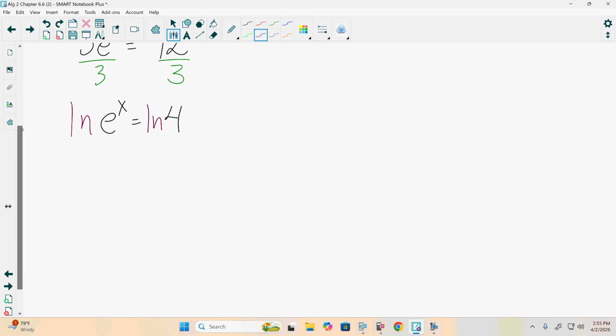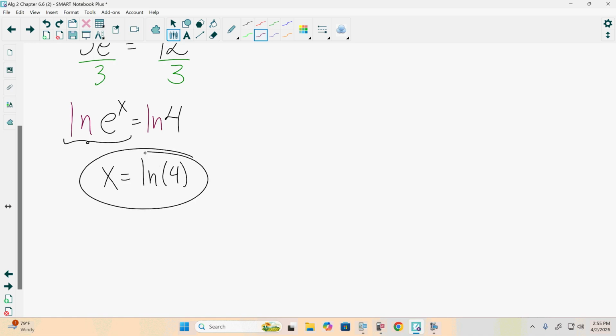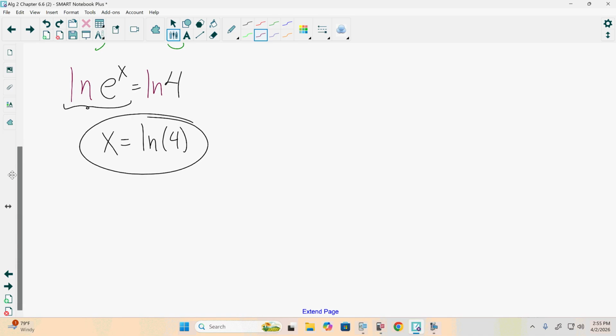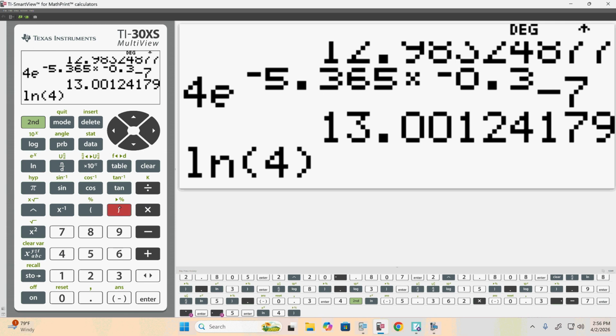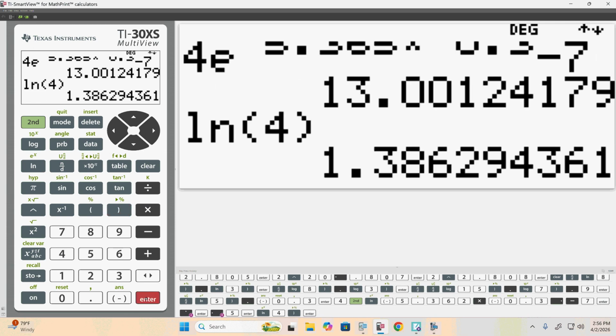And realistically, what is the natural log of e to the x? X is by itself, so we are done. .386.